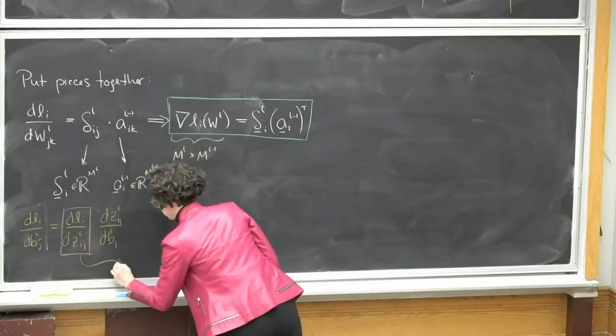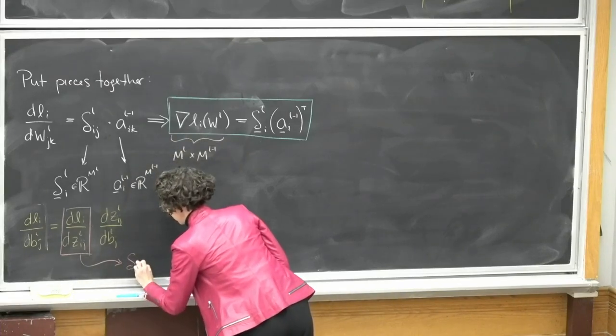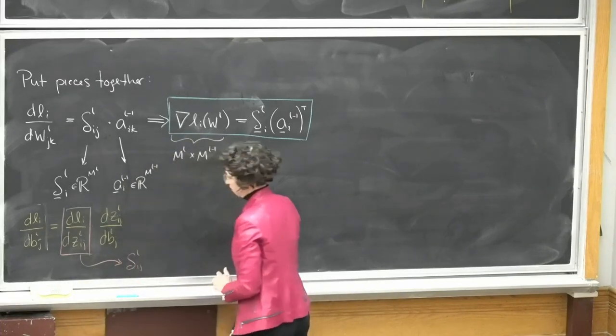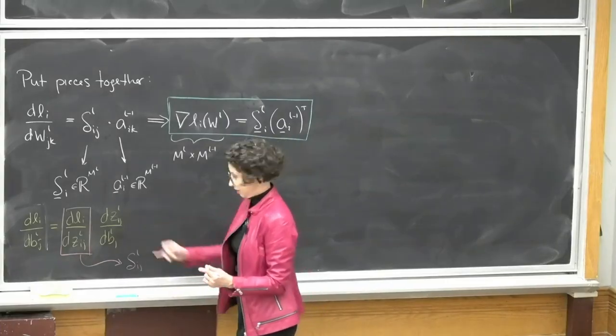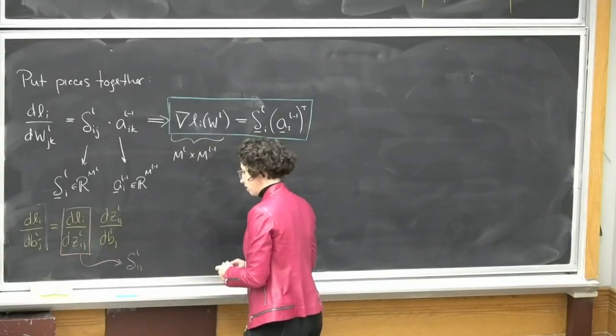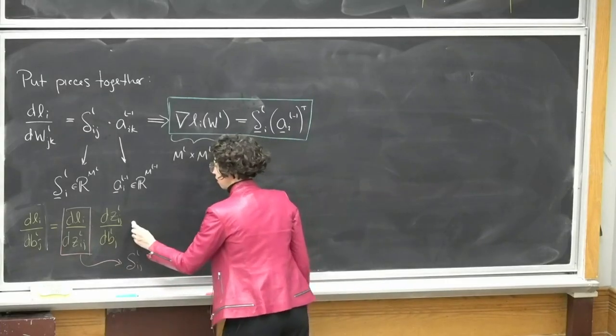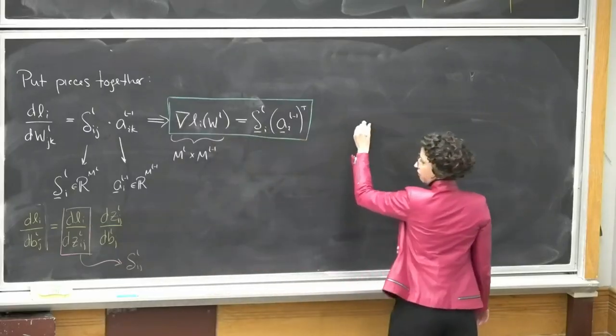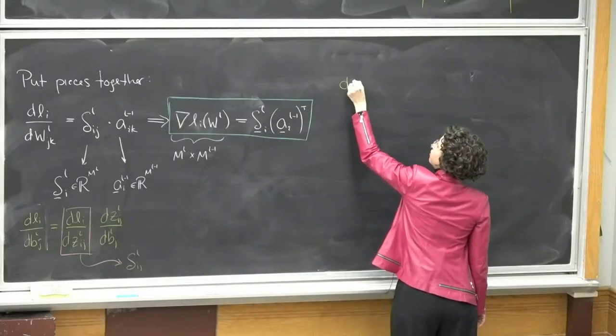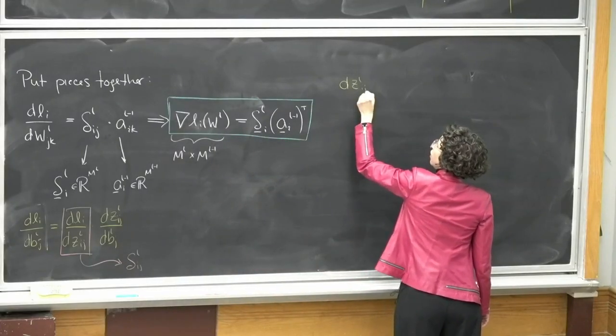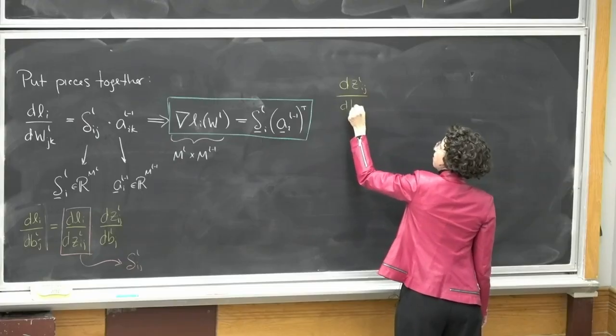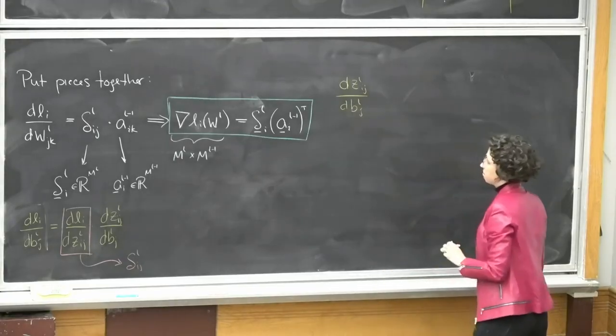This is just exactly delta_ij at layer l. So we've already done at least half the work, and all that's left is to figure out the derivative of z^l_ij with respect to b^l_j.